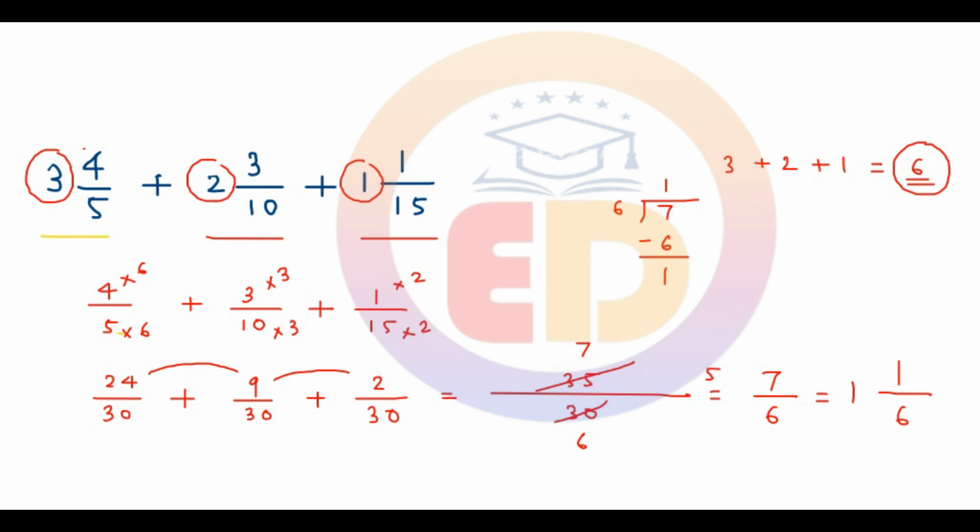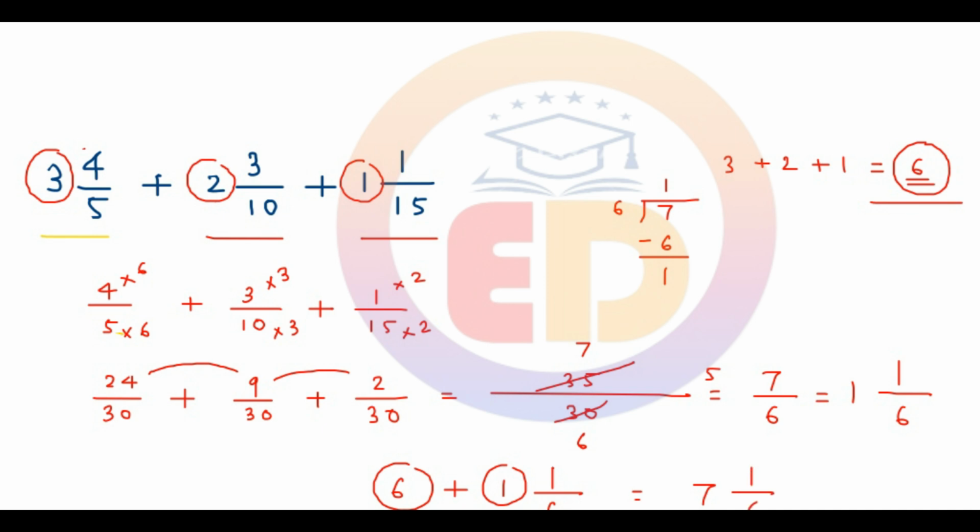Now remember, this is not the final answer. I had added the whole number parts, which gave me 6. And here my answer is also 1 whole 1 upon 6. This is the whole number part which was separated earlier, and this is another whole number part, so I will add them. 6 plus 1 gives me 7 whole 1 by 6.